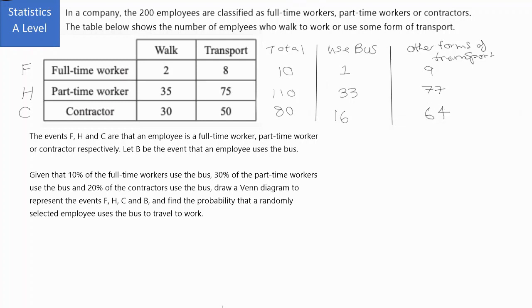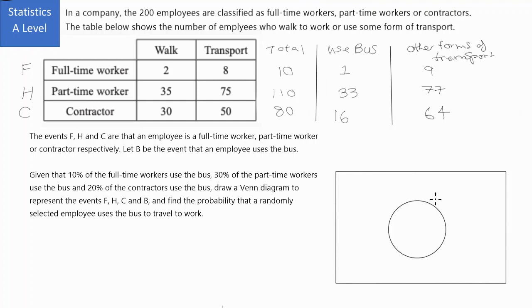Okay, now we can go ahead and draw the Venn diagram. What we're going to need is a nice big square or rectangle like that, and then we need to start to put in the circles. I'm just going to put a circle in the middle that's going to represent bus. Now we need to think about how these are going to be laid out. You can't be a full-time worker as well as a part-time worker. You can't be both.